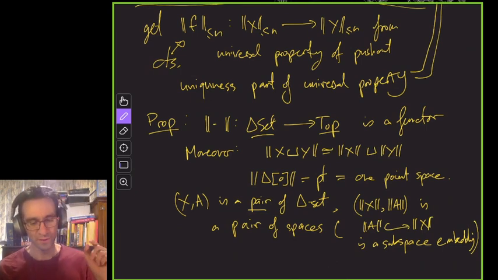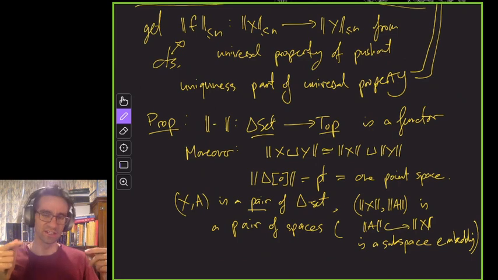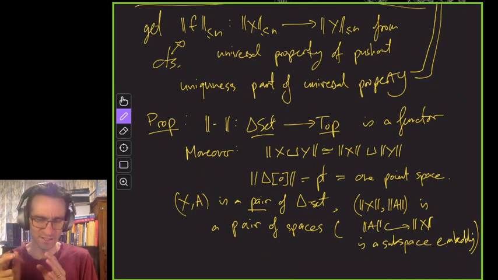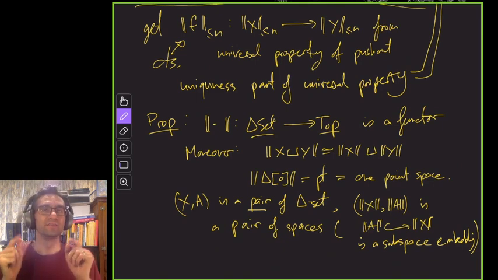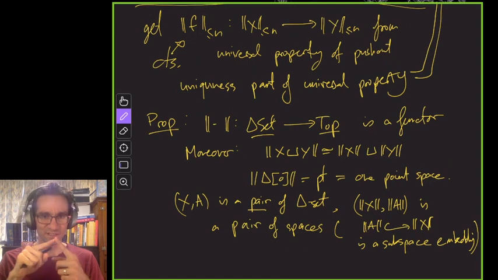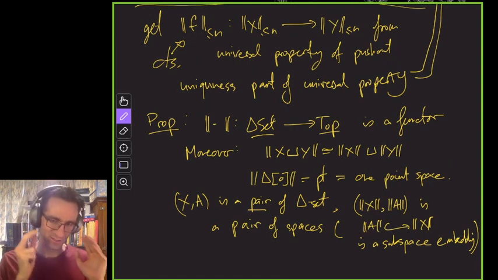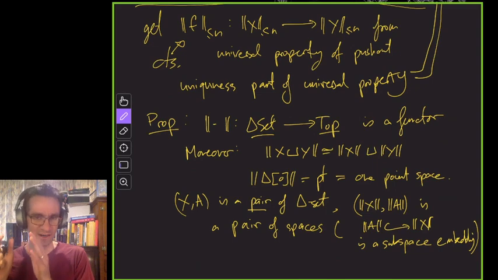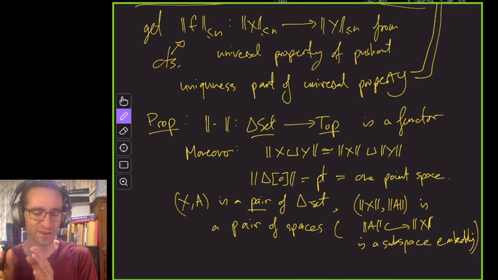Because the inclusion map of A into X as delta sets gives on geometric realization a continuous map from the geometric realization of A to the geometric realization of X, and that map is not only injective, but the geometric realization of A has the topology inherited from the topology of the geometric realization of X.